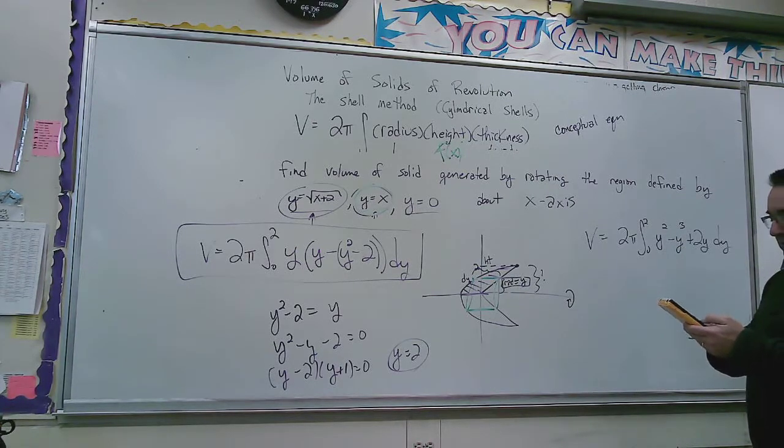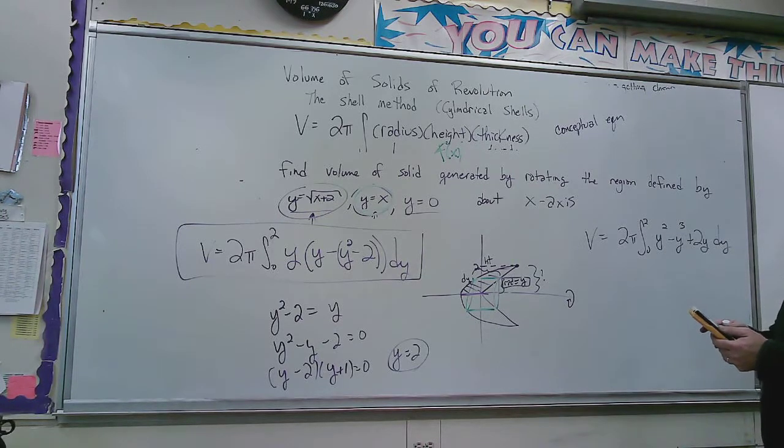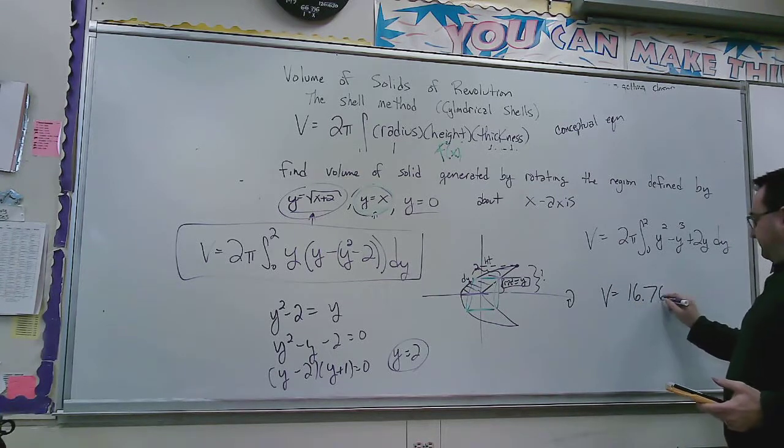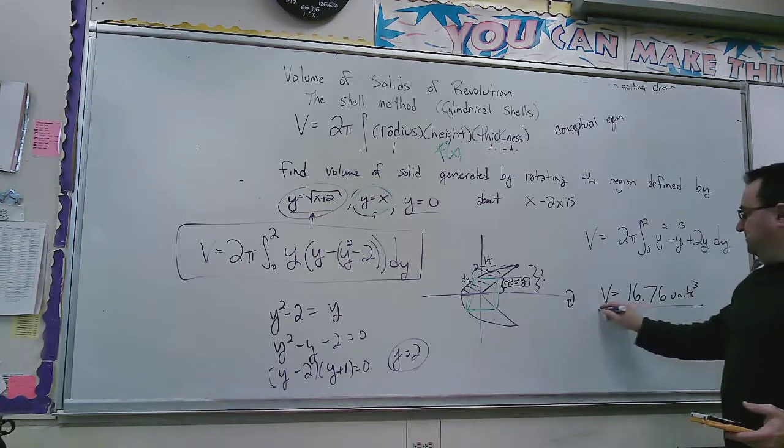So I got almost there. From 0 to 2. So my calculator is saying 16.76 units cubed.